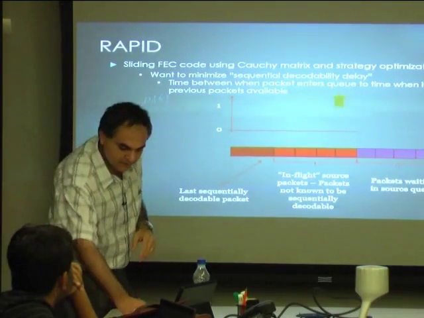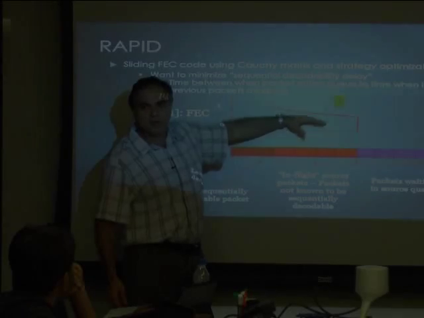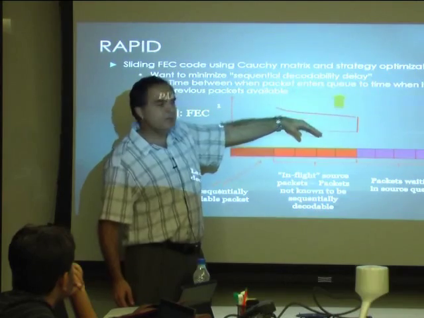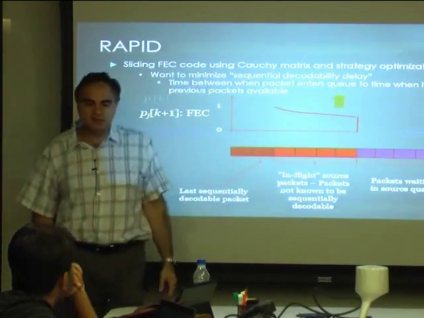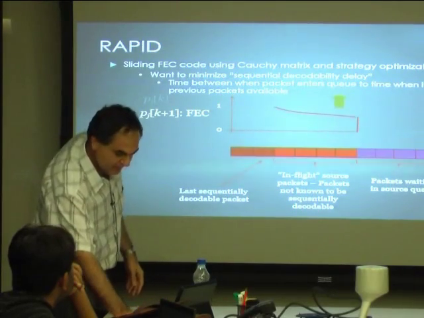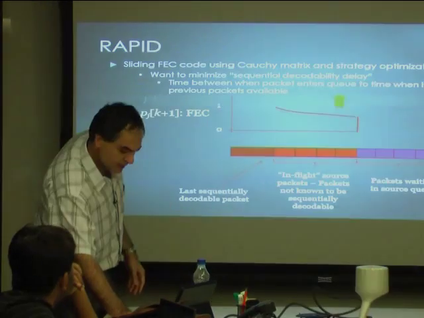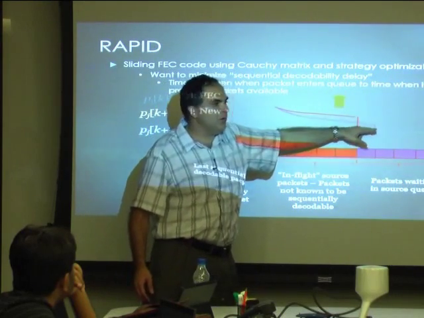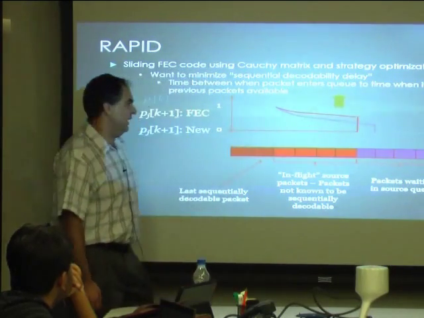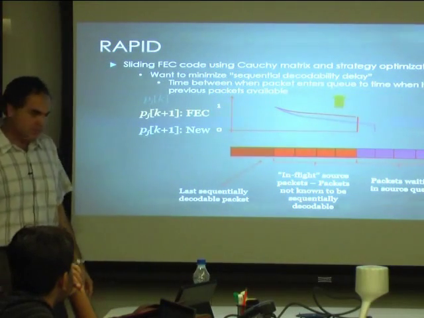So what you essentially do is, if you send some FEC packet, you raise the probability of these in-flight packets, but you don't cause any change here. But if you send a new packet, then you don't change any of the probabilities here, but you have some probability that you've gotten a new packet.